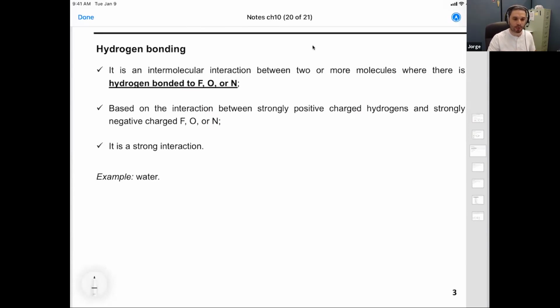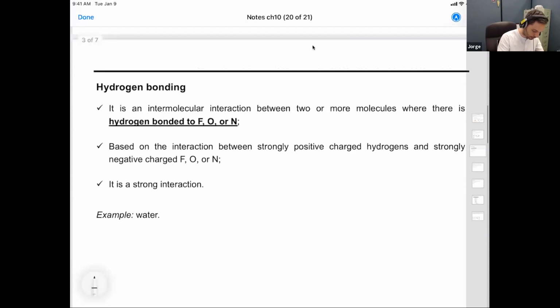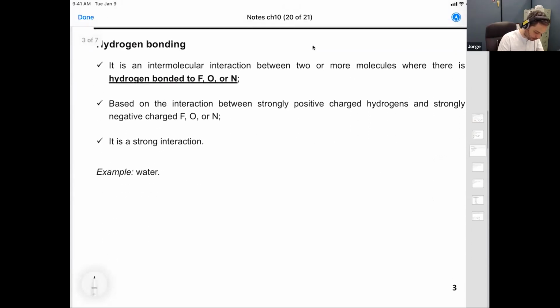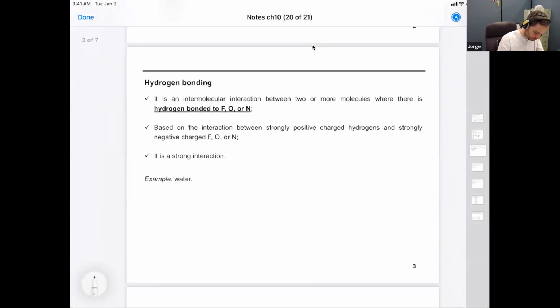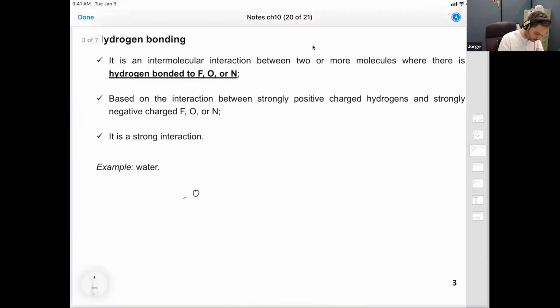As an example, I would like to show you the water molecule and explain how hydrogen bonding happens. Water molecule, very simple, H2O. The molecular geometry for water is bent shaped. Okay.